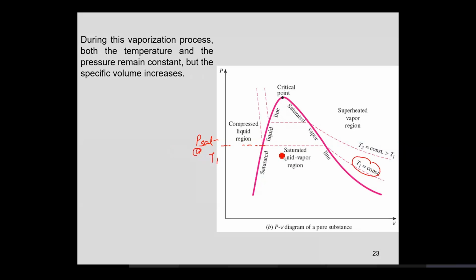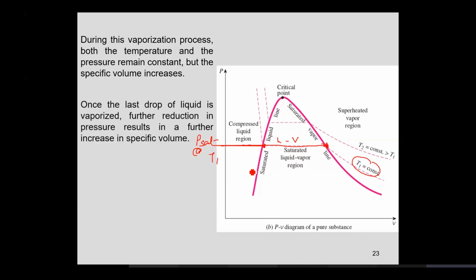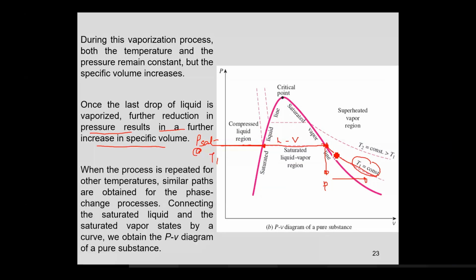At T1, at this point, the phase transformation from the liquid to vapor phase starts taking place. Once the last drop of liquid is vaporized, further reduction in pressure results in further increase in specific volume. So if you further decrease the pressure, you would see that the specific volume is increasing along this line. Clear enough?